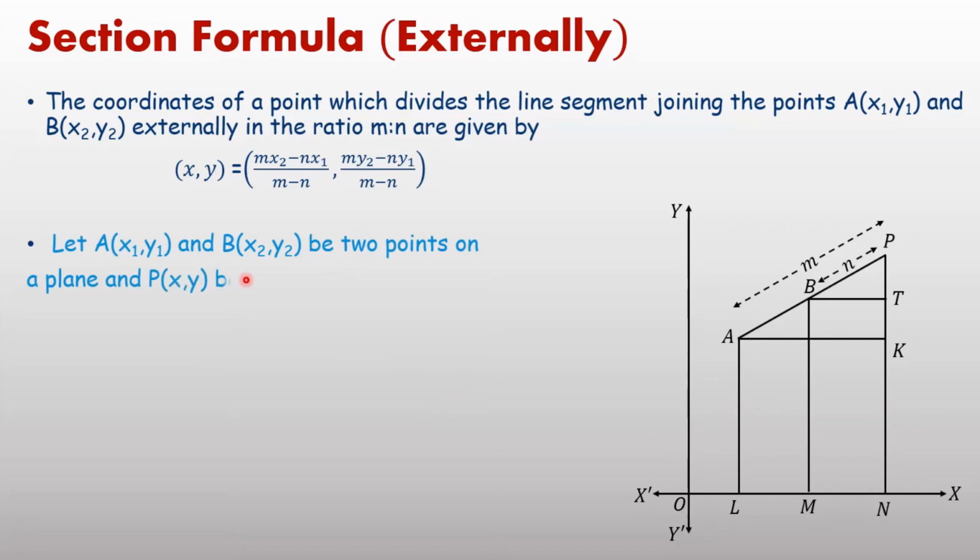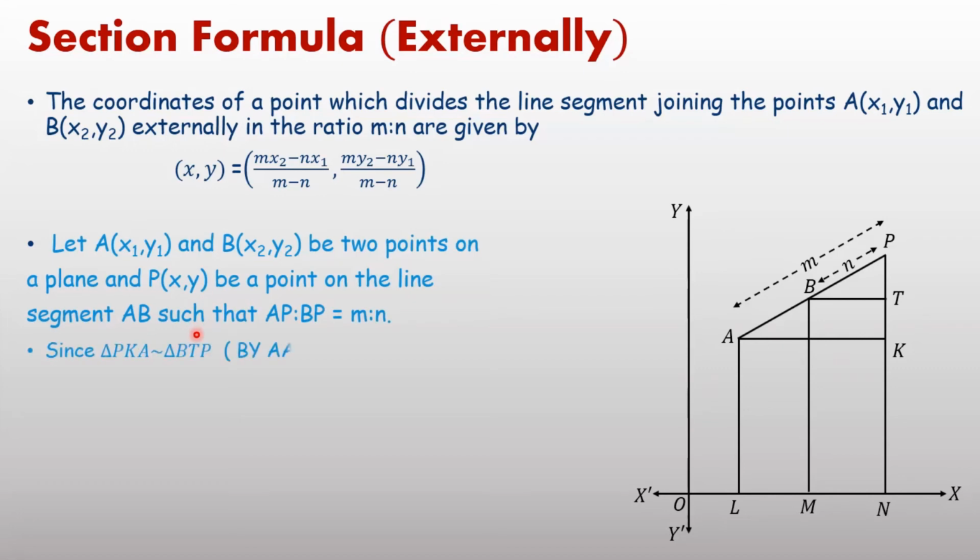Coordinates of A and B are taken as x1 y1 and x2 y2, point P is (x, y). The derivation is the same as the previous concept. Take two triangles: PKA, this whole triangle, and PTB, the smaller triangle.